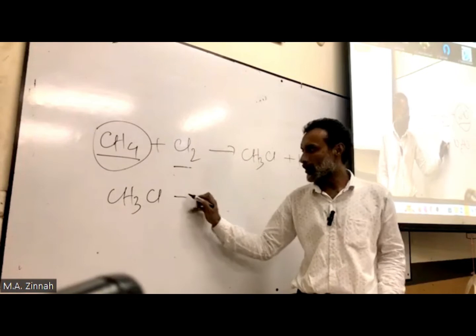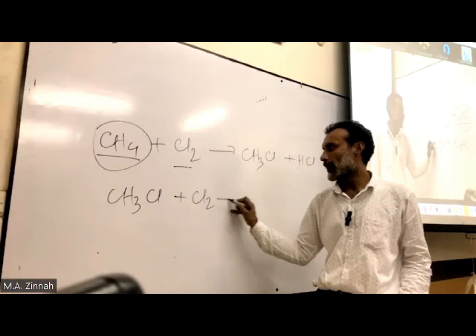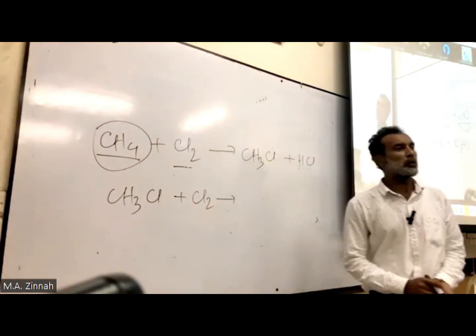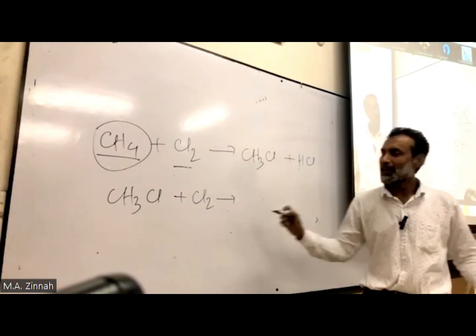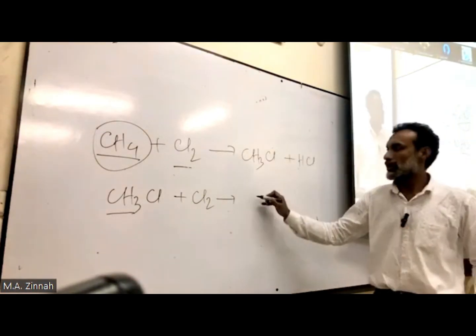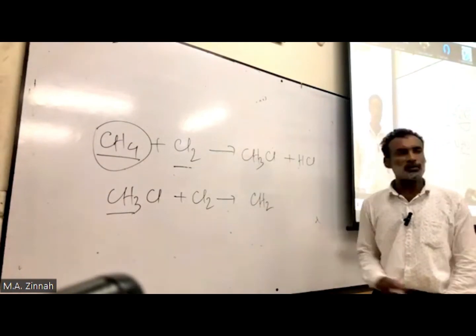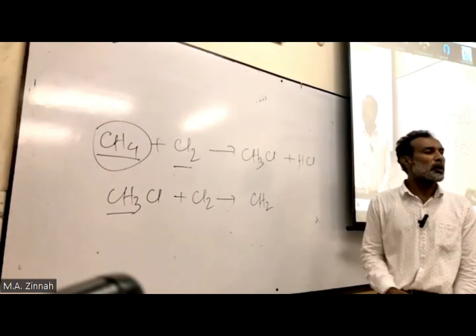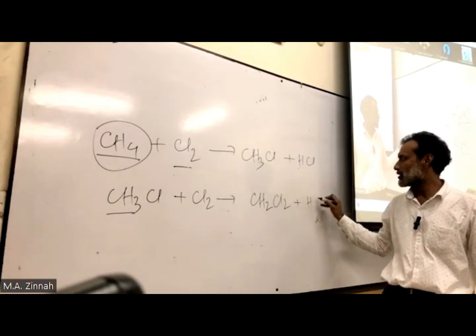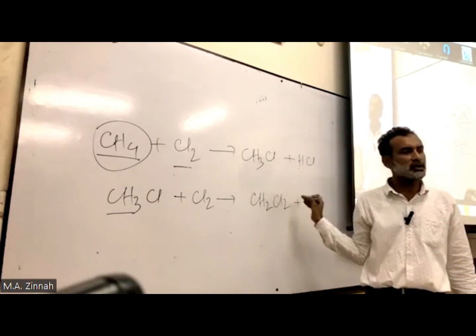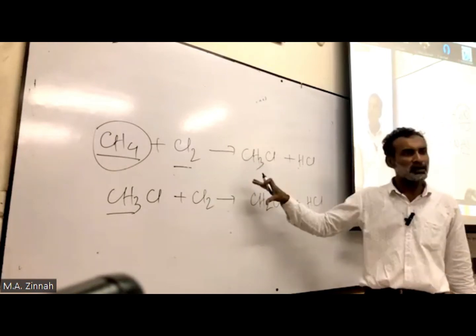Okay, chloromethane reacting with another chlorine. What would happen? Bolo product ki hobe? Here was 3 hydrogen atoms. Now there will be 2 hydrogen atoms. And how many chlorine will be there? Cl2 plus HCl. Any problem to understand this equation? These two are very similar.